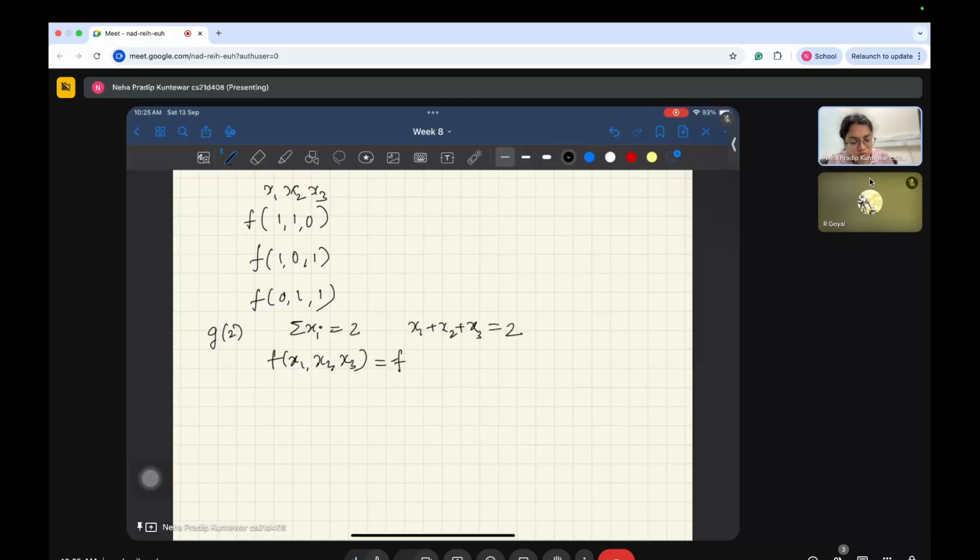We should only focus on those values where this is satisfied. How many such substitutions can there be where x1 plus x2 plus x3 is equal to 2 is satisfied? Those would be only 3.